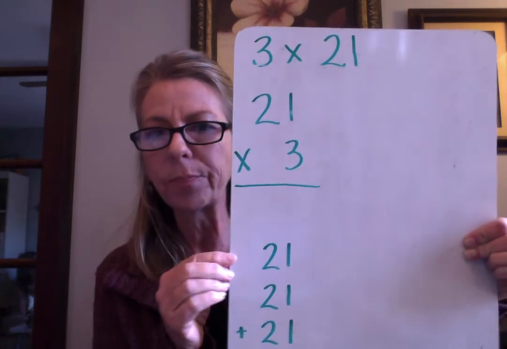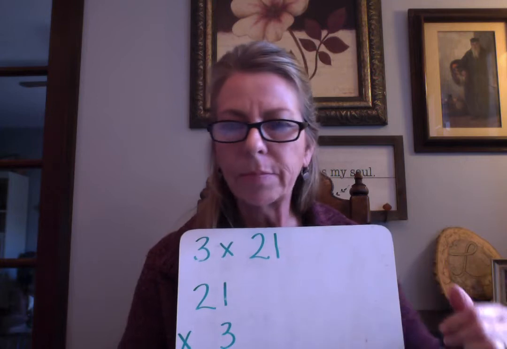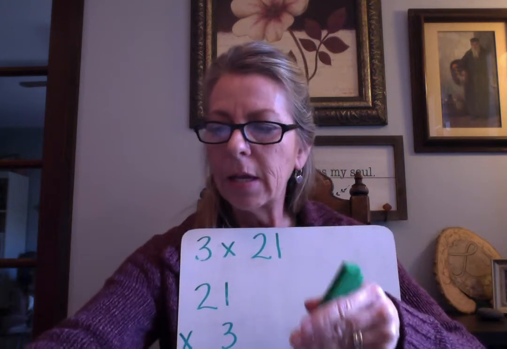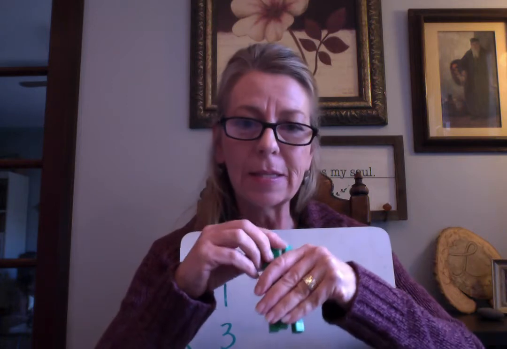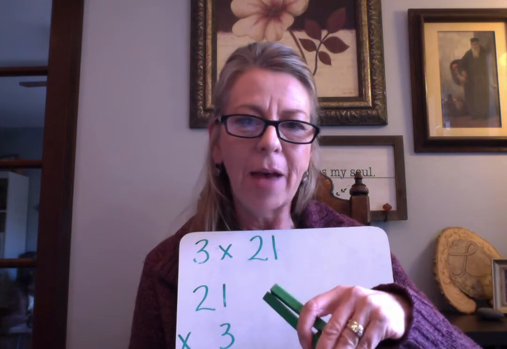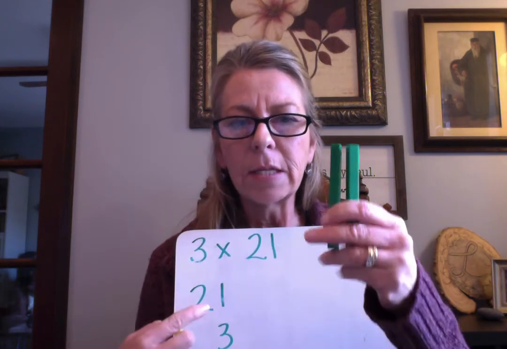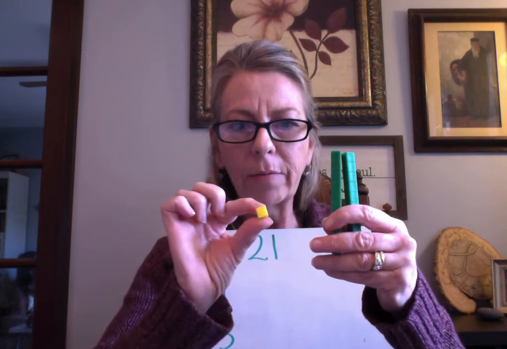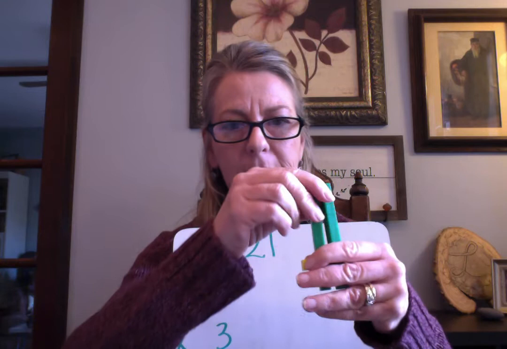The pattern's very simple. Okay, so first of all, let me get some of our blocks, and you know how this goes. Sometimes this helps people, sometimes this is confusing, so if you're confused by it, but you understand the pattern, that's okay. All right, so I have 21. It's represented by 2 10s and a 1, right? But I'm going to have 3 sets of 21.